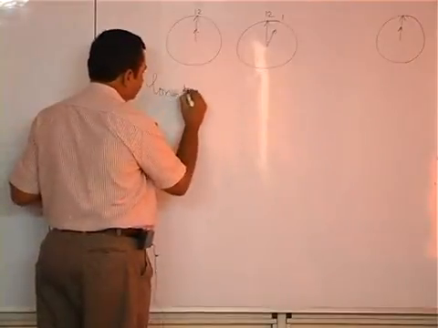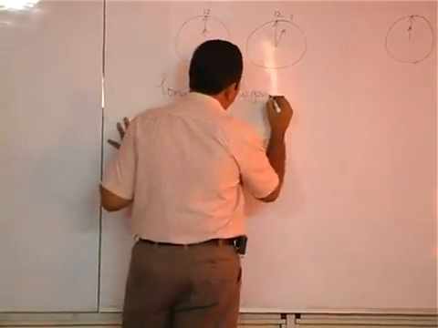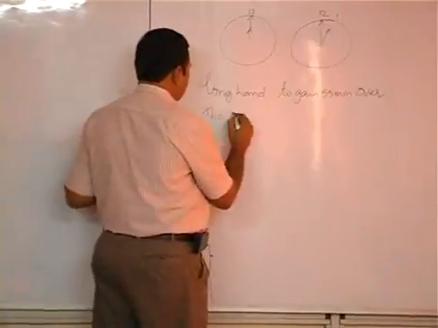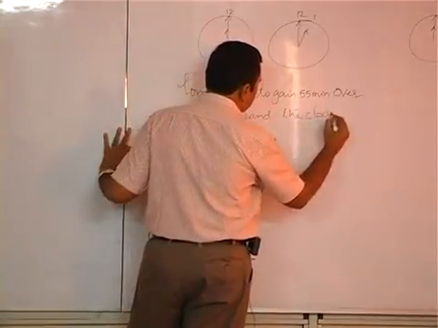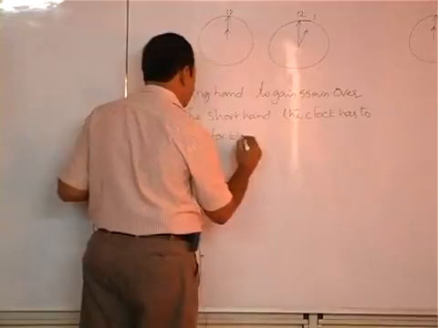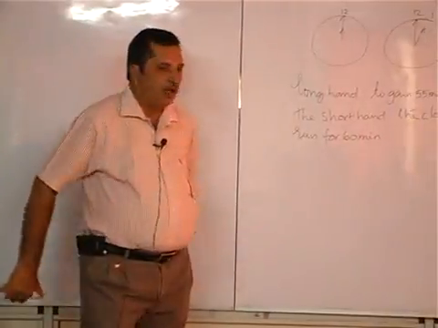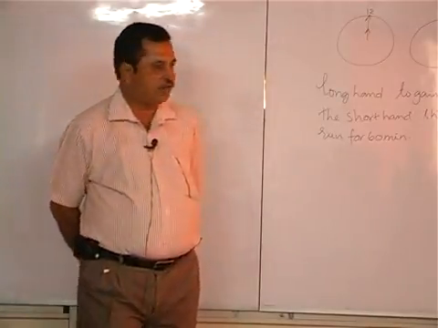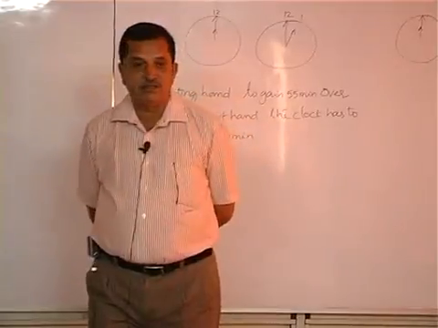Long hand to gain 55 minutes over the short hand, the clock has to run for 60 minutes.